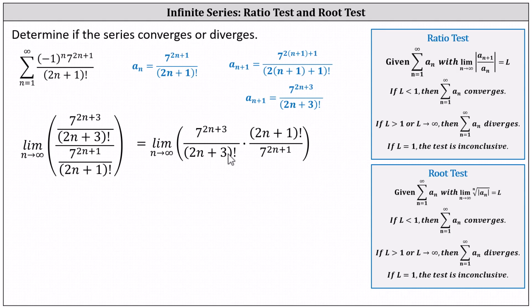The factors of 2n plus 1 and so on equal 2n plus 1 factorial. And therefore the denominator simplifies to 2n plus 3 times 2n plus 2. This gives us the limit as n approaches infinity of 7 squared divided by the product of 2n plus 3 and 2n plus 2. Just in case you want to see more work on how I simplified this, let's go to the next slide and then we'll come back.